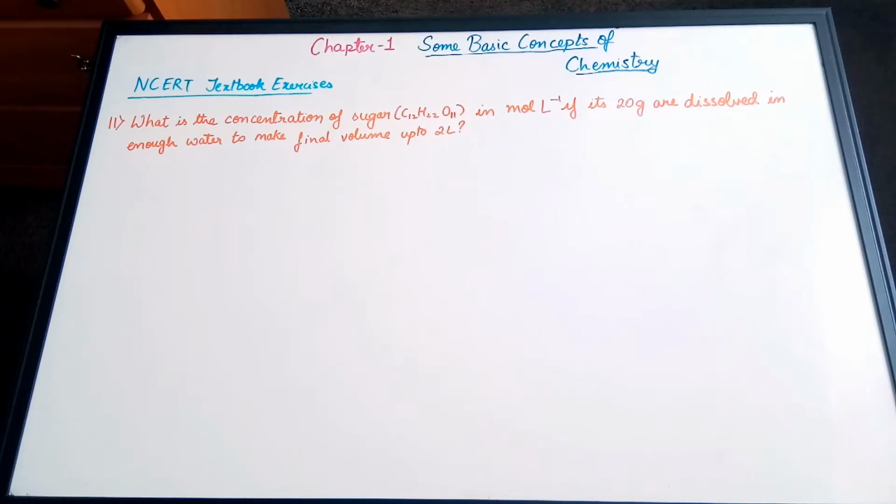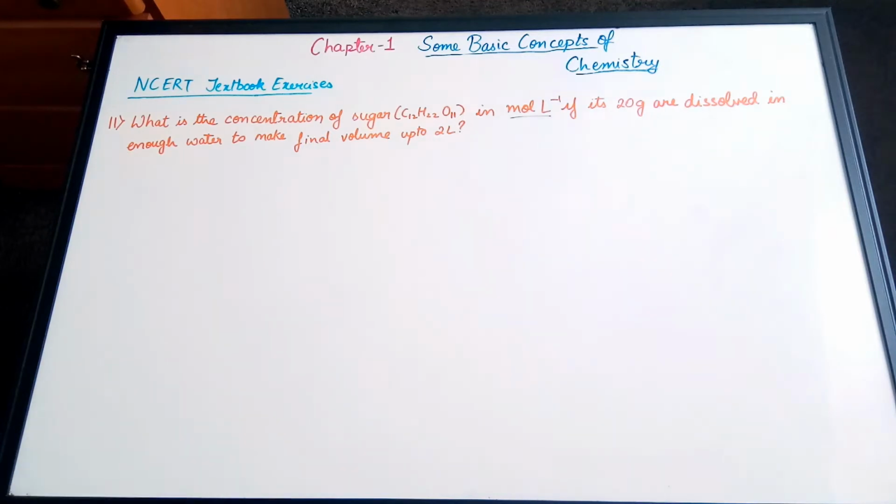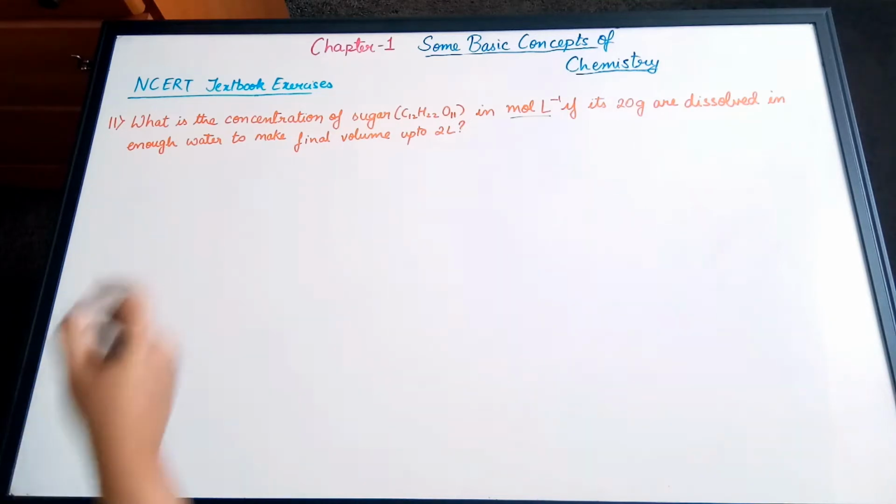Question number 11. What is the concentration of sugar C12H22O11 in moles per liter if its 20 grams are dissolved in enough water to make the final volume up to 2 liters? So we need to calculate the molarity, because we've been asked about its concentration in moles per liter. Let's write down what's given.